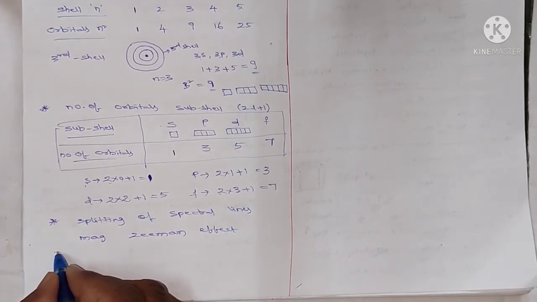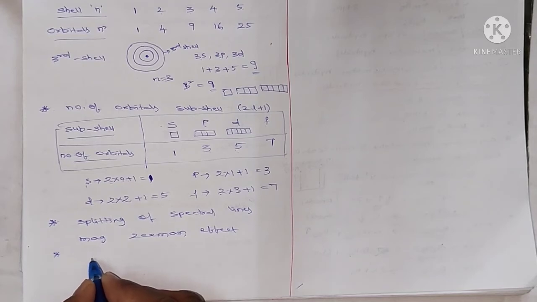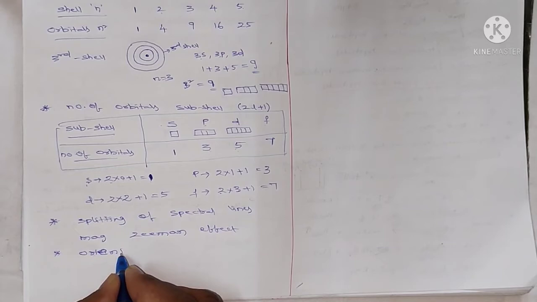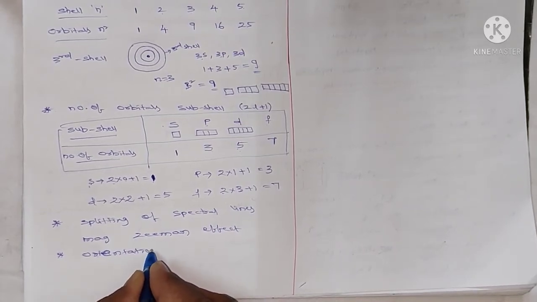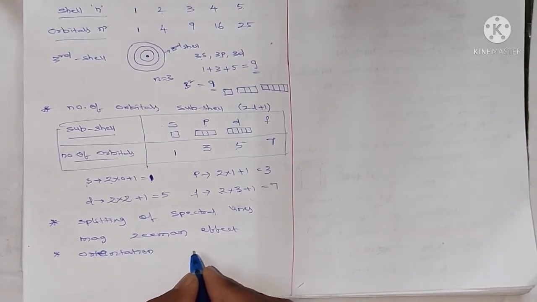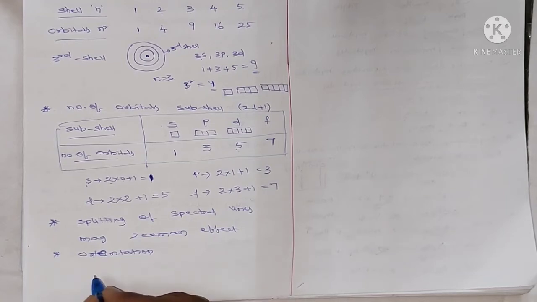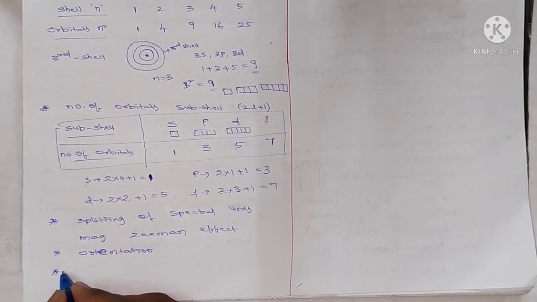And it tells us about the orientation of orbitals in space, and it gives the information about degenerate orbitals.